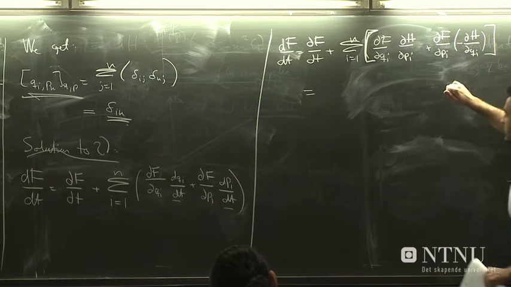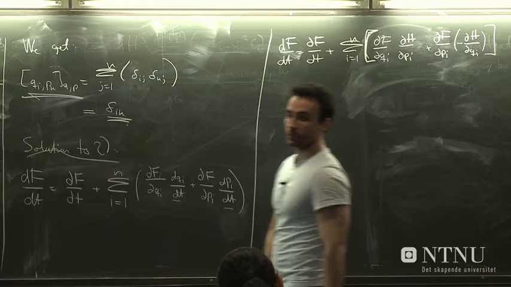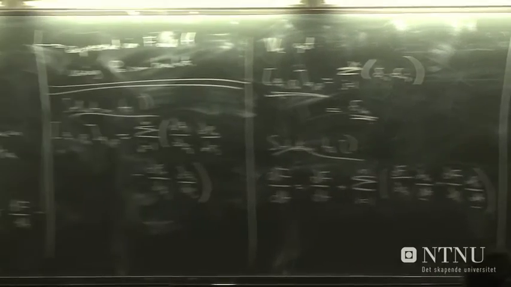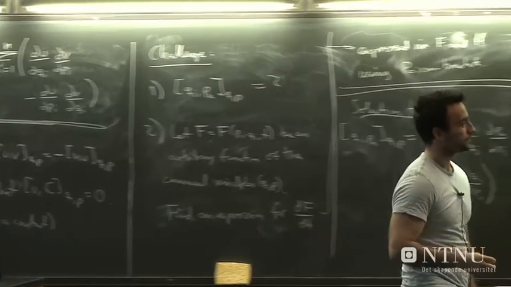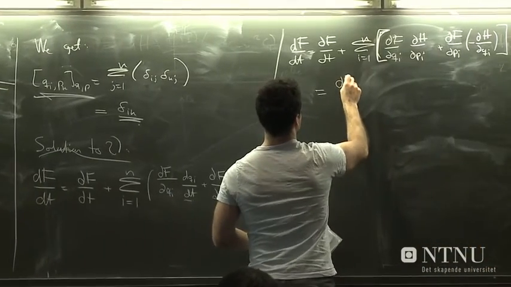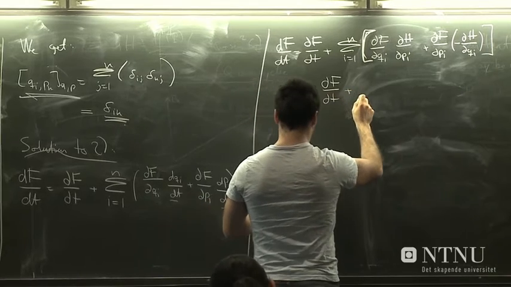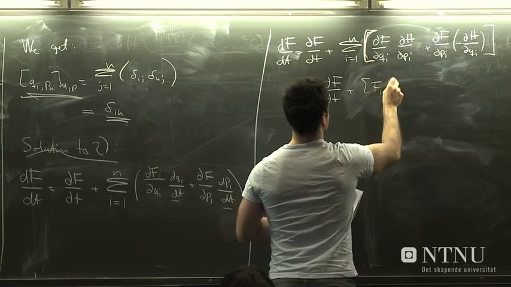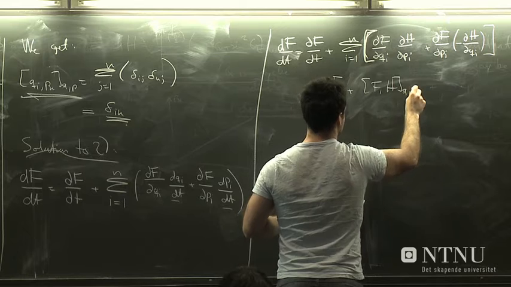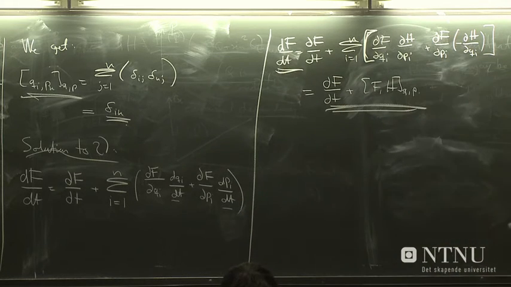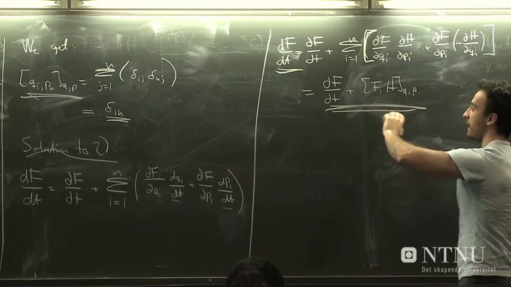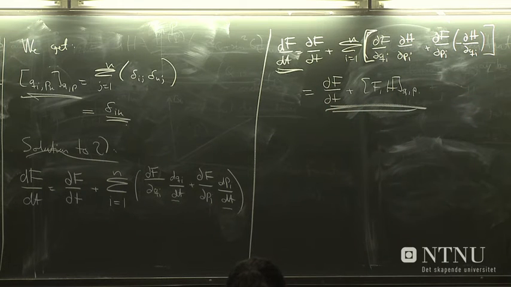So we see here that precisely due to this minus term, we have exactly this form with u and v being f and H. So it would seem then that we have accomplished our aim of expressing the total time derivative in terms of f and the Hamiltonian by using Poisson brackets.